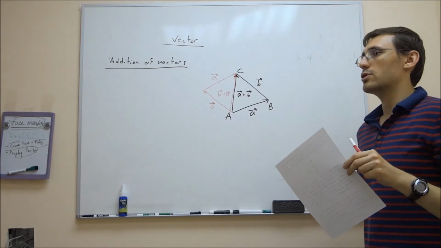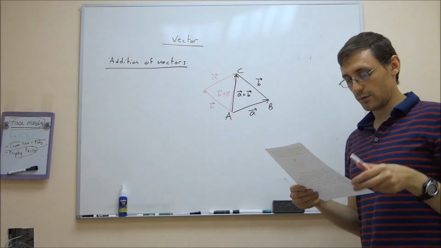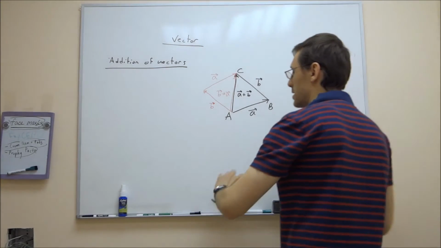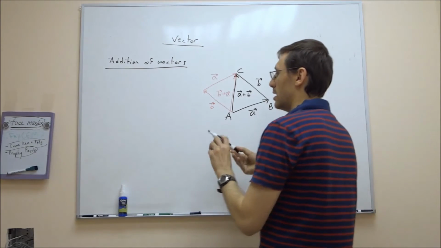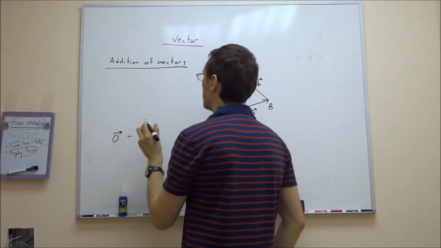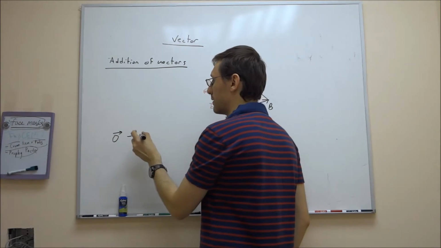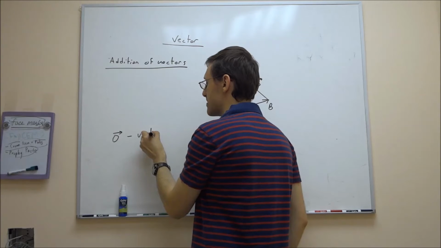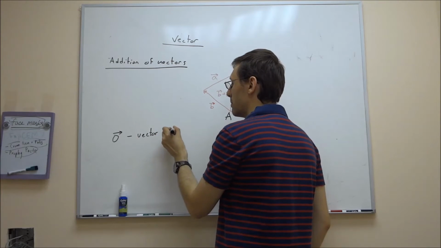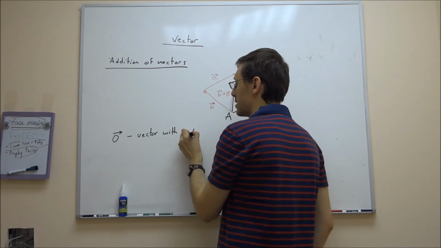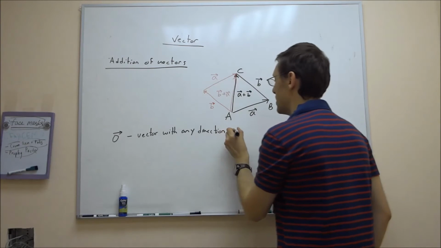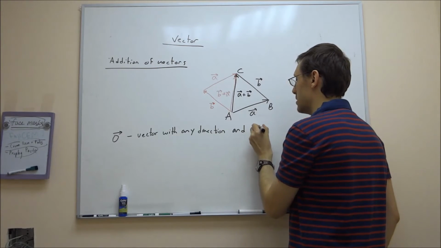Now in algebra you also want to have the zero. So what is the zero vector? This is specified for convenience: we're going to say that the zero vector is a vector with any direction and zero length.